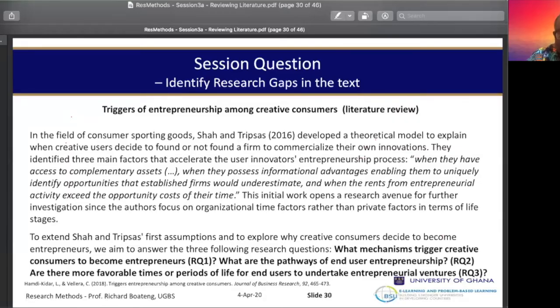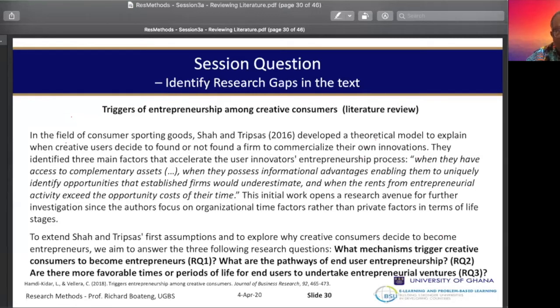So he said, to extend Shah and Tripsas's first assumptions and to explore why creative consumers decide to become entrepreneurs, we aim to answer the following questions. Okay, so let's look at it carefully. What mechanisms trigger creative consumers to become entrepreneurs?